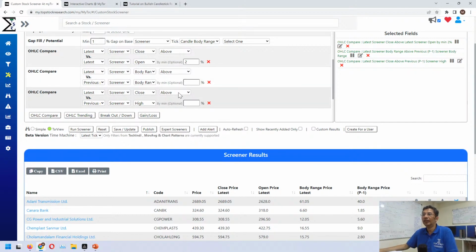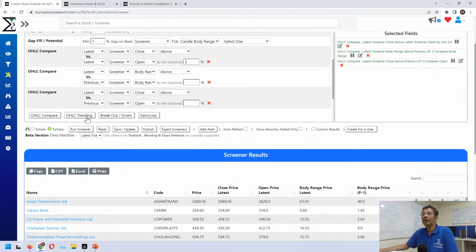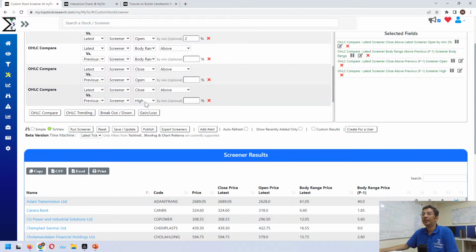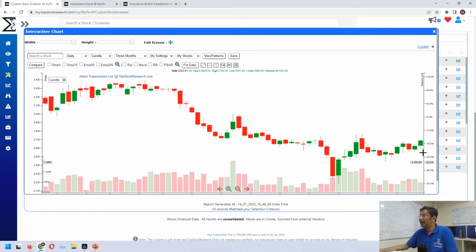So latest day close is above previous day open, right? And latest day close is above previous day close, right? So adding more conditions. Keep on adding conditions. It's very simple. So we have added more conditions.